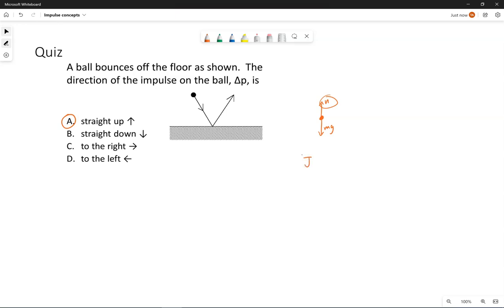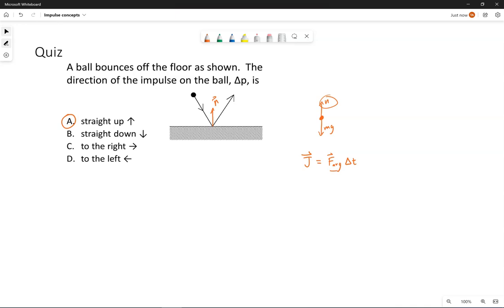So impulse, we can talk about as, or at least approximate, as the average force that the floor specifically is applying to the ball while it's in contact.